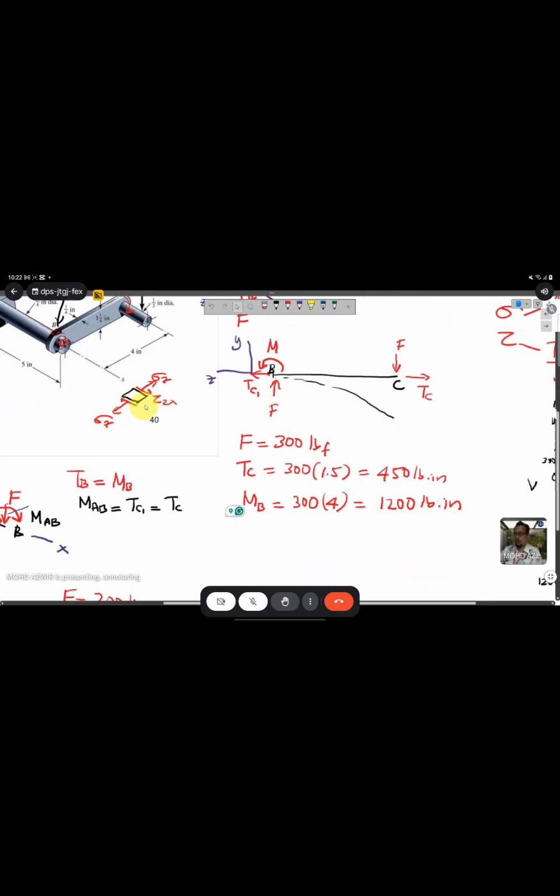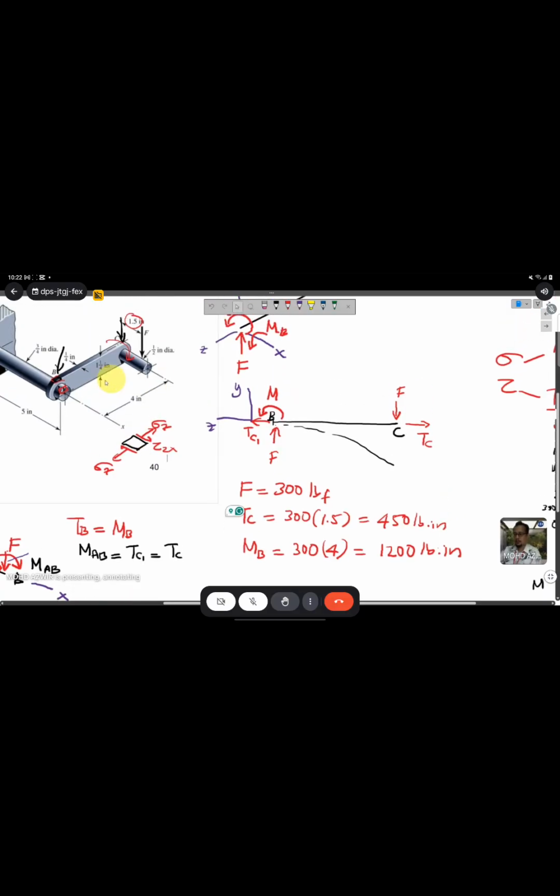So we have this kind of stress at point B here: sigma z in this direction, and tau zx in this direction, because the torsion is here and here.